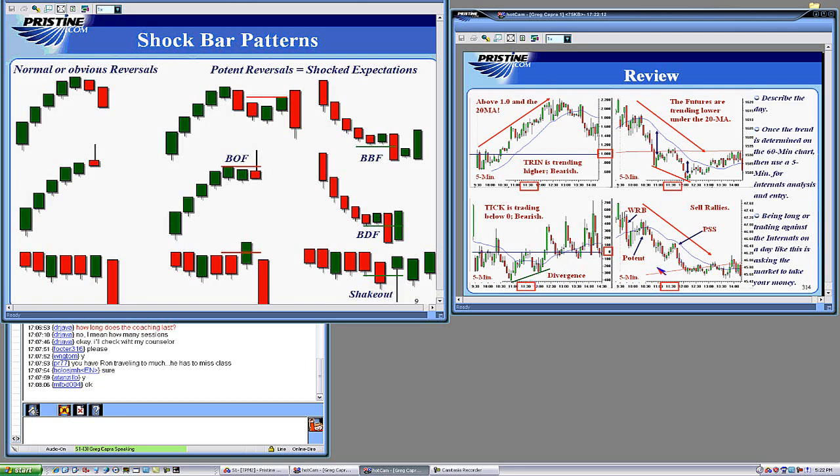So this tells us that we can get these kinds of moves down without ticks going down as low as we would like. But the majority of the tick bars were below 0, and the trend was rising and continued to go higher, well above 1. Futures were down, so our bias is to be looking for shorts.